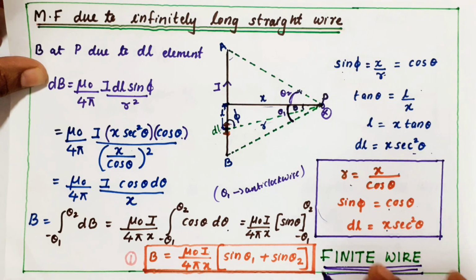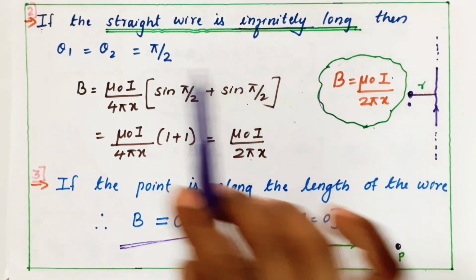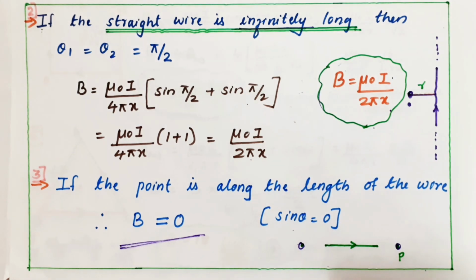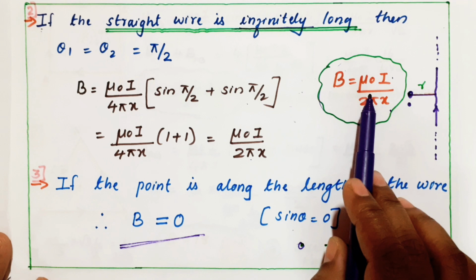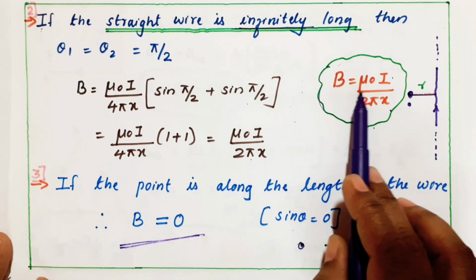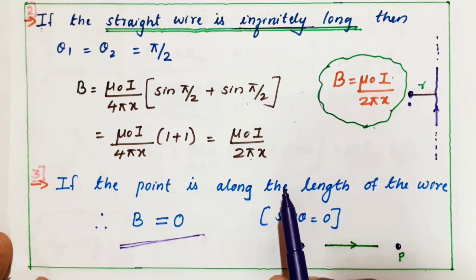Then I told you if it is an infinite wire, theta 1 and theta 2 become pi by 2, and the magnetic field due to an infinitely long wire is B equals mu naught I by 2 pi x.